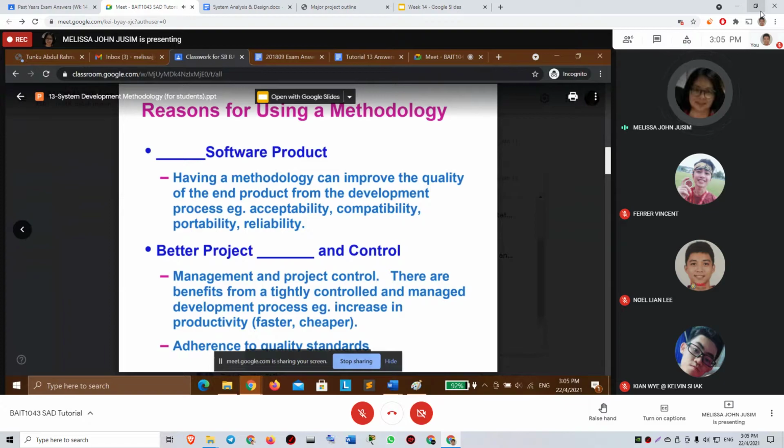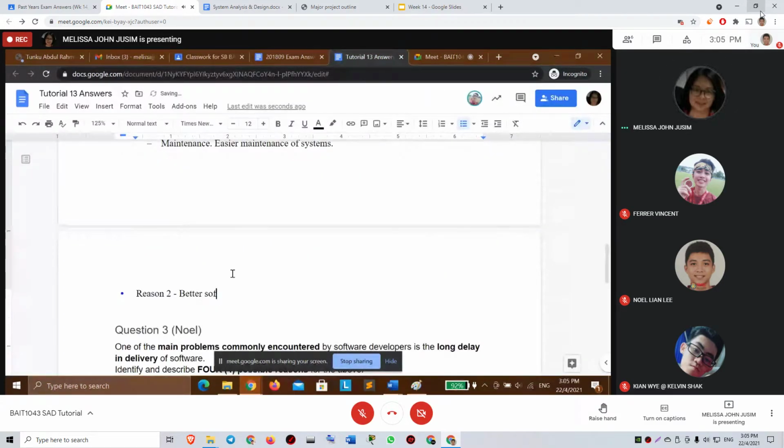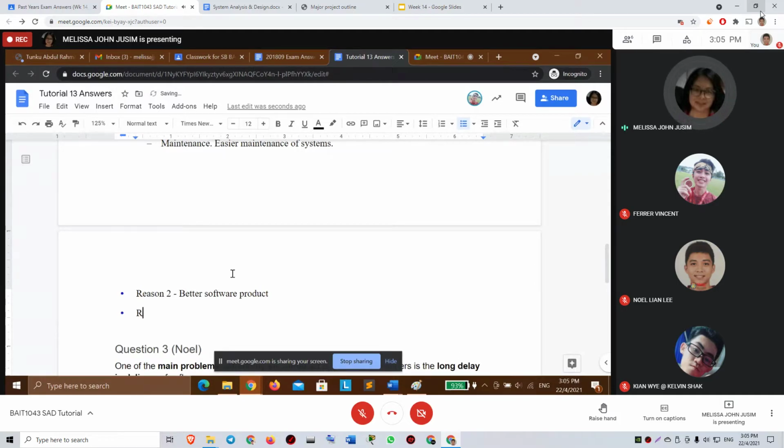Better software product. Better software product. And reason three would be standardized process.